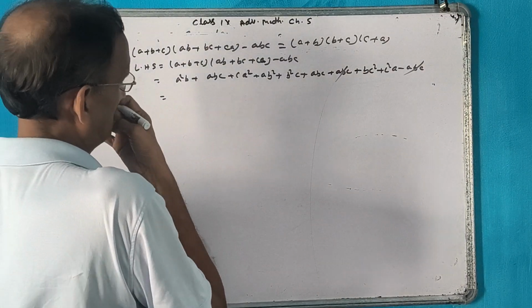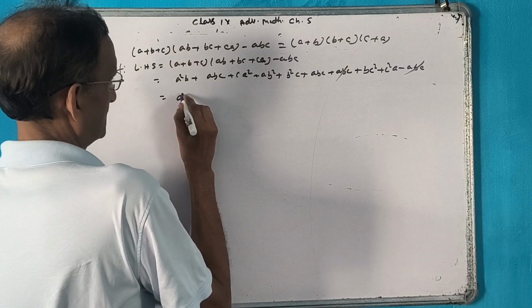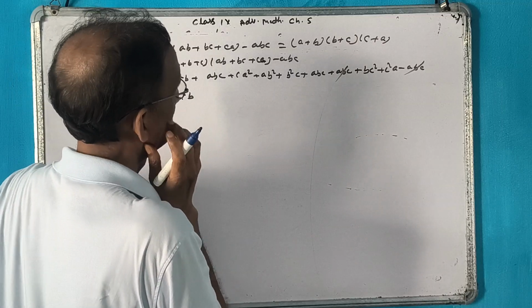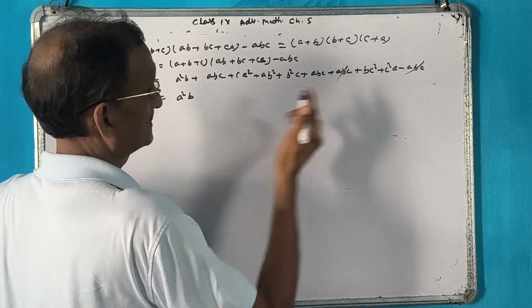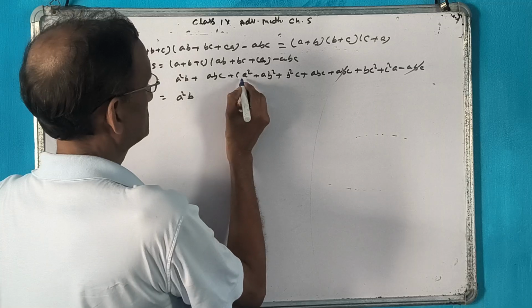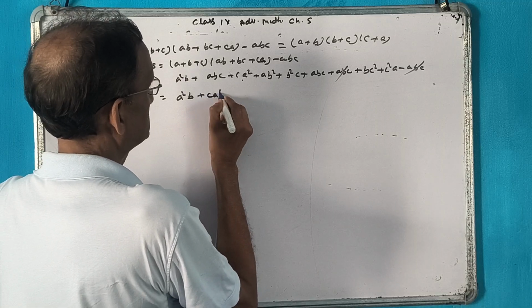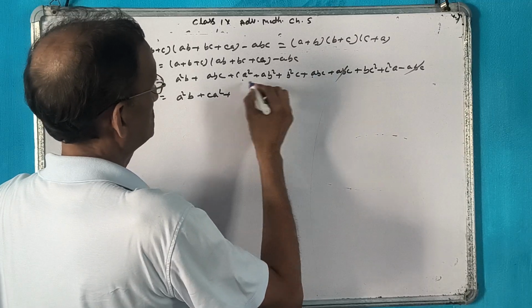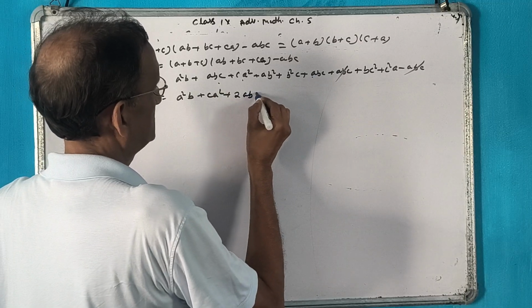So what is left? a squared b, plus a squared c, and abc two times is left, so you can write twice abc.